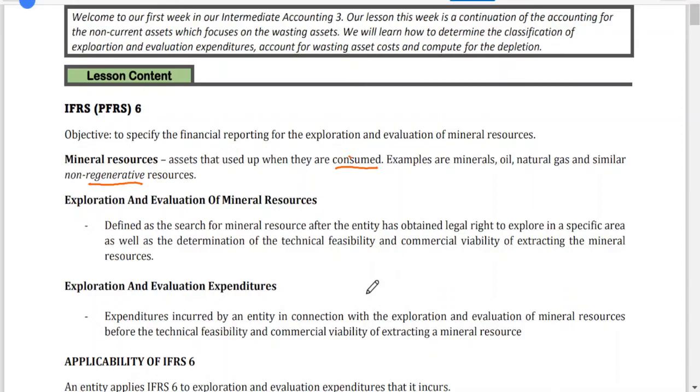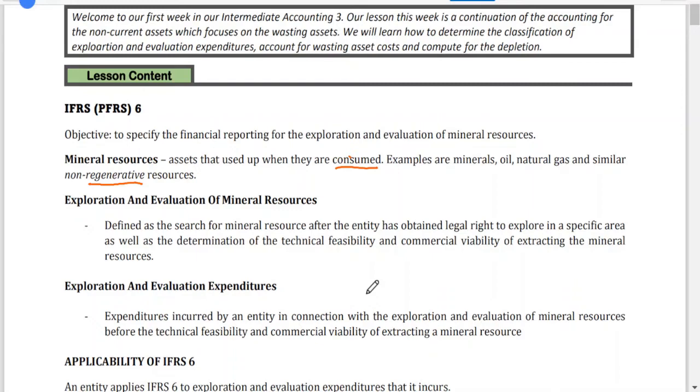Therefore, during this stage, we are looking at a certain property or a certain area, and we want to know if there are really minerals in that place na pwede nato nga ma-extract and pwede nato siyang ma-convert, pwedeng ma-develop and turned into another product, so proceed to production.